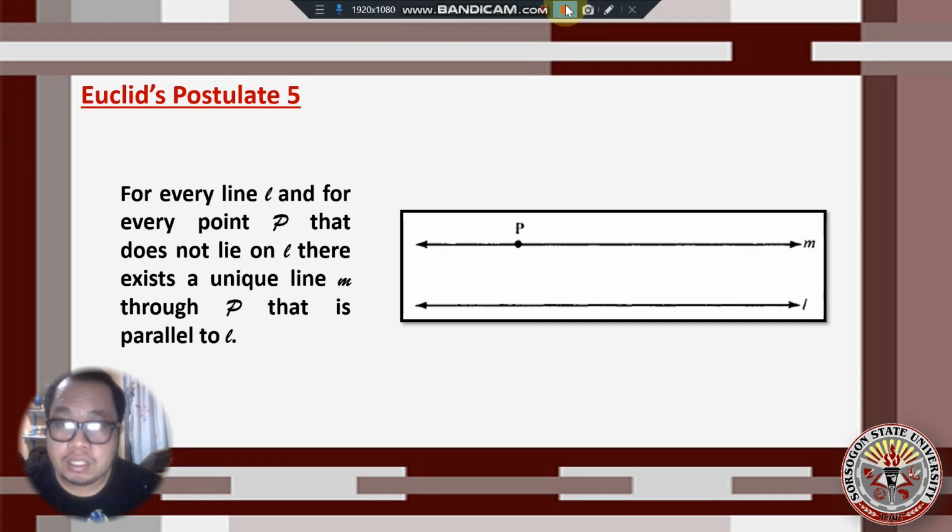For every line L and for every point P that does not lie on L, there exists a unique line M through P that is parallel to line L. That is being illustrated here on the slide, in which we have the given point P and line L, and passing through point P we have line M, and that is parallel to line L. So that is the reason why it is called the parallel postulate.